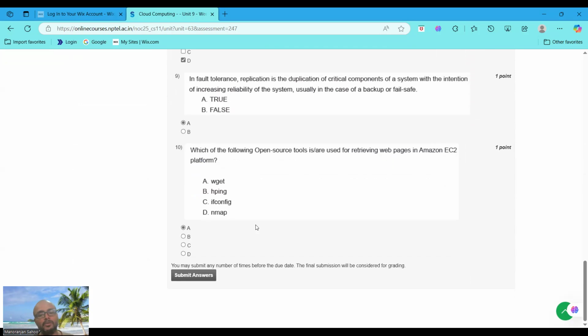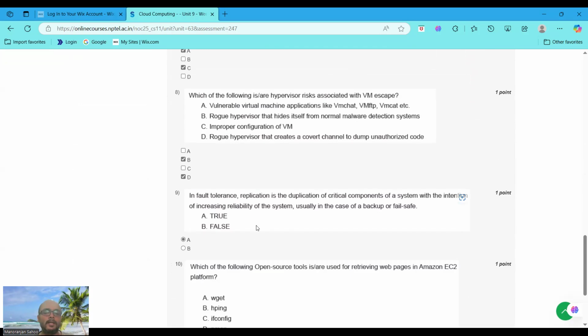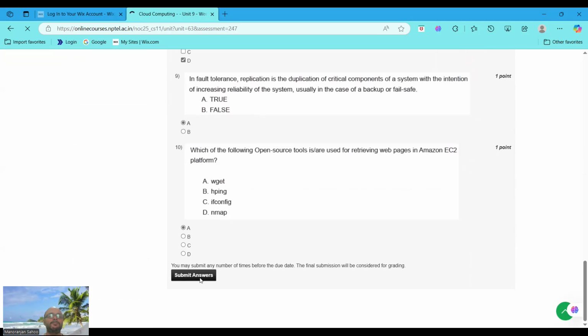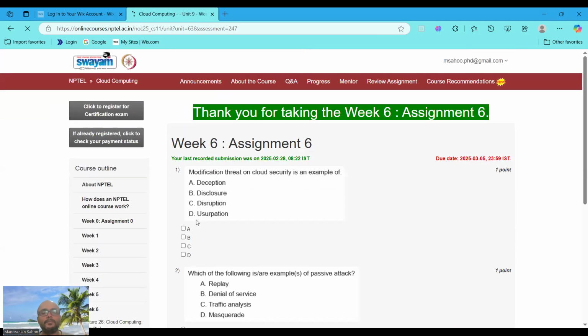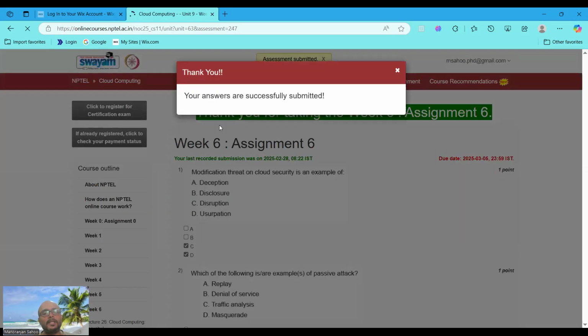Question number 10 is also true. Got it? Now we are going to submit the answer. Your answers are successfully submitted.